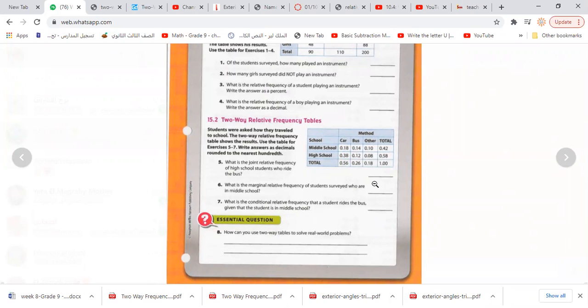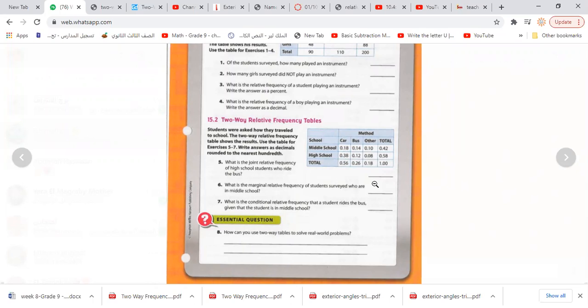No, the bus, not middle school. Okay, let me check with you, Yari. If we want to calculate the conditional relative frequency, as Yusuf said, we will divide the joint by the marginal, right? Then, what is the conditional relative frequency?